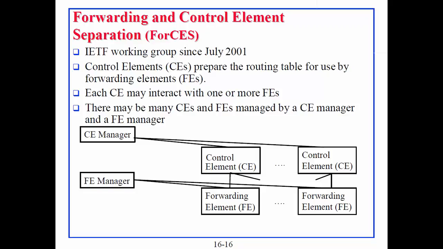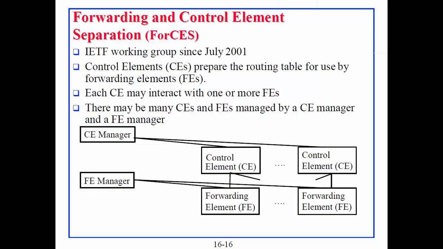Basically, ForCES is made of control elements that prepare routing tables for use by forwarding elements. Each control element may interact with one or more forwarding elements. And the control elements and forwarding elements are managed by the control element manager, and the forwarding elements by the forwarding element manager.